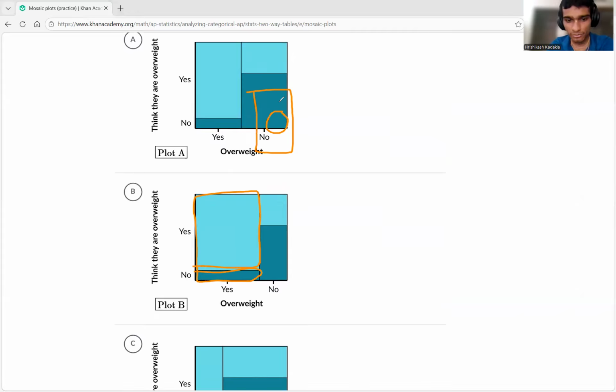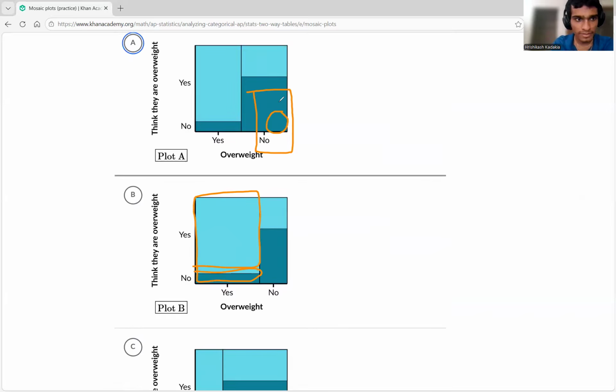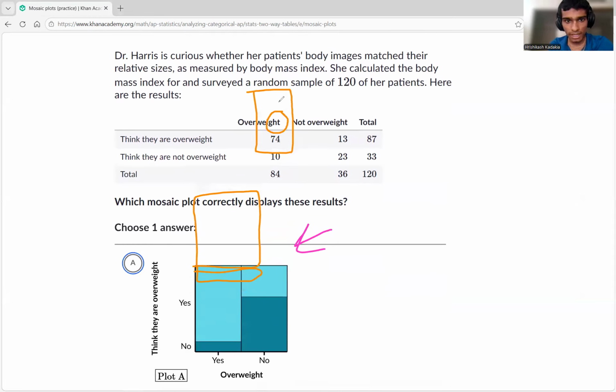That makes sense. And then for the no part, we know we have to see whether they think they're overweight or not. So let's see that. In the participants column over here, those who are not overweight, only 13 of them are thinking they're overweight. 36 are not overweight. 13 are thinking they're overweight. 23 are thinking they are not overweight.